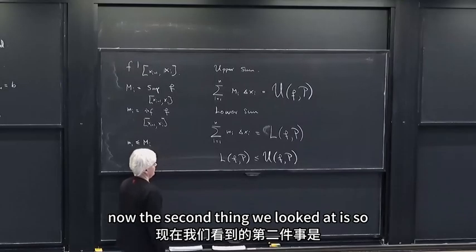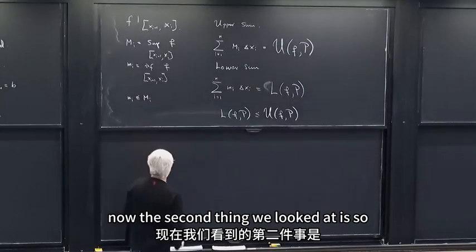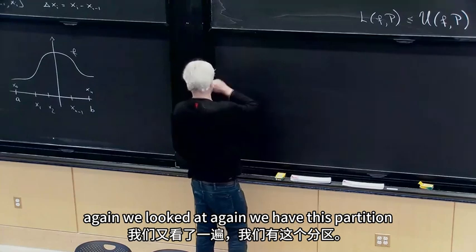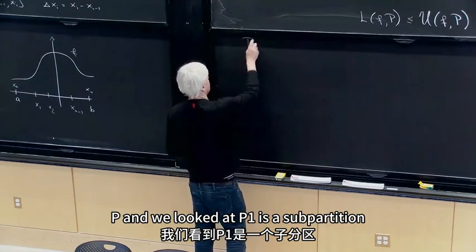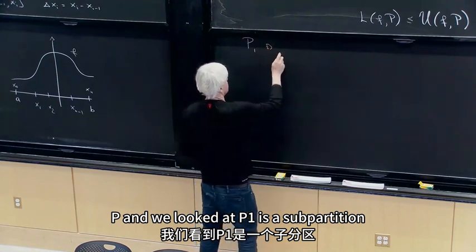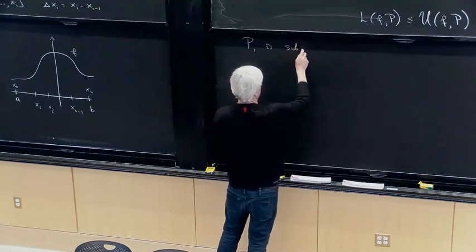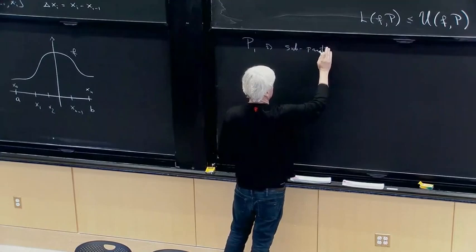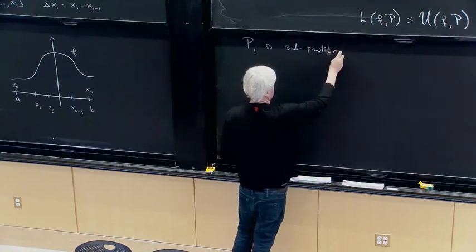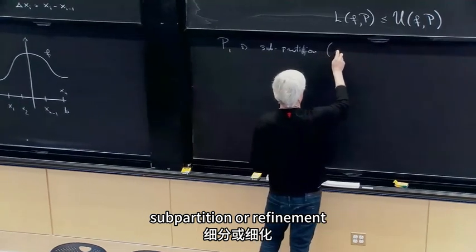Now, the second thing we looked at is, again, we have this partition P, and we looked at P1 as a subpartition, or refinement.